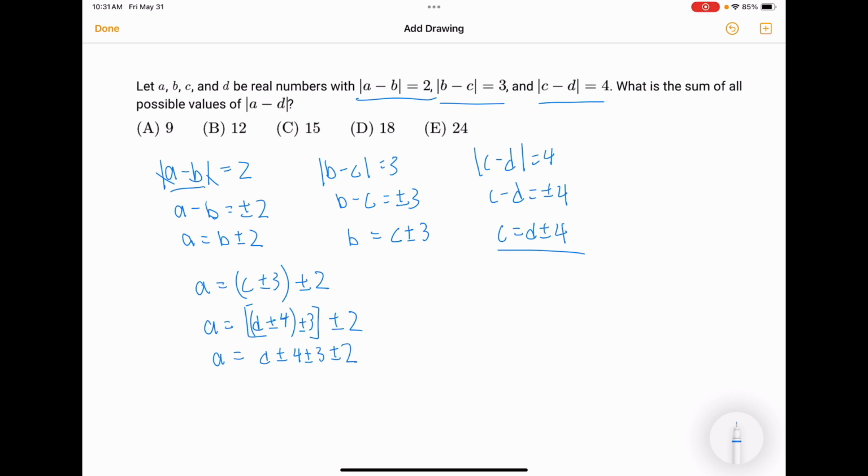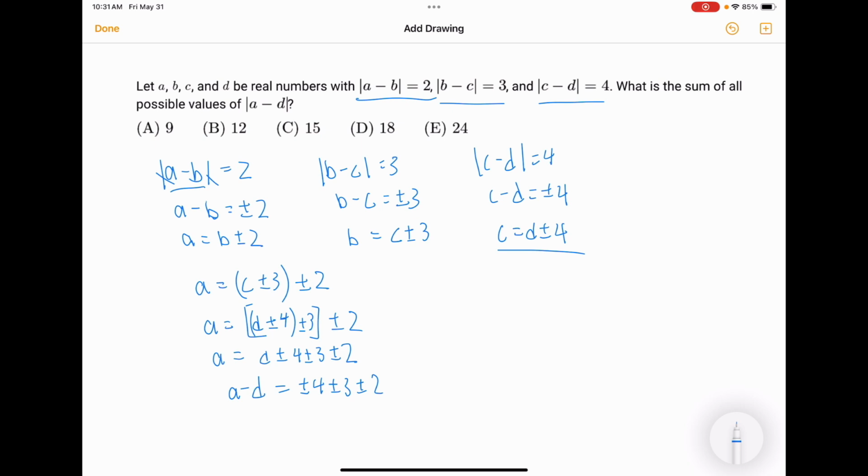Okay, and so now we can just move over the d to get a minus d, and we see that we are getting very close to what the question is asking us, because it says what are the possible values of the absolute value of a minus d.